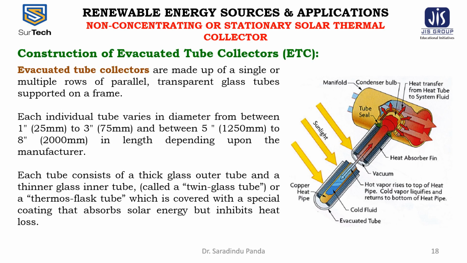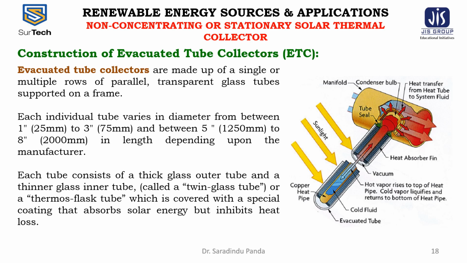The ETC are made up of a single or multiple rows of parallel transparent glass tubes supported on a frame. Each individual tube varies in diameter from 1 inch to 3 inches and from 5 inches to 8 inches in length, depending upon the manufacturer.